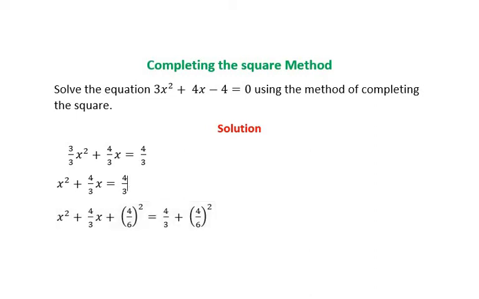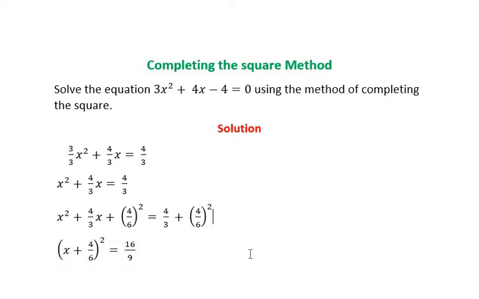Now what we need to do is take the values which have a square on the left hand side, and then we get the value of the right hand side. So this gives us x plus 4 over 6 squared equals 16 over 9.